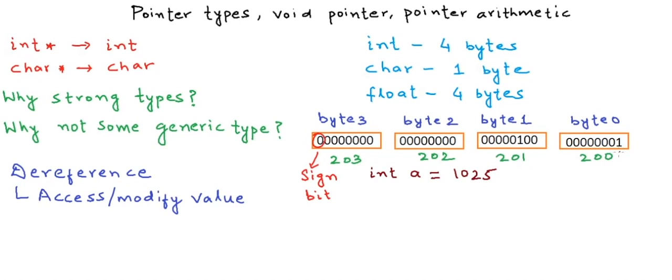So if you see, we have a 1 at the rightmost bit with place value 2 to the power 0, and at this particular bit with place value 2 to the power 10. So the overall value that we have in binary here is 1025 in decimal. Now what if I declare a pointer to integer p and store the address of a in p by using the ampersand operator?